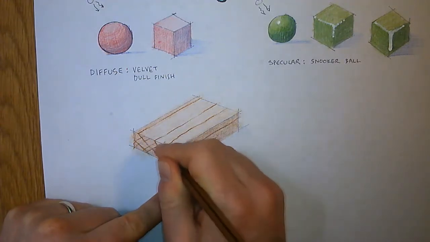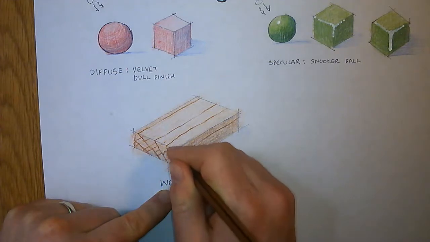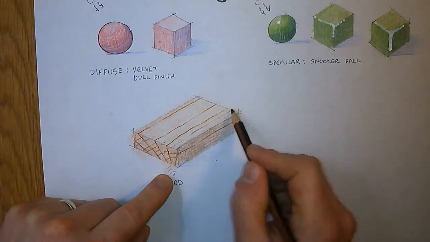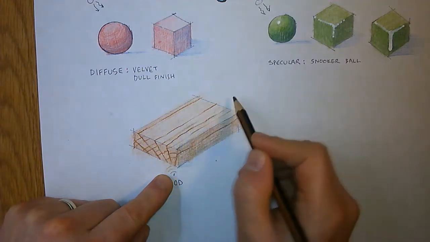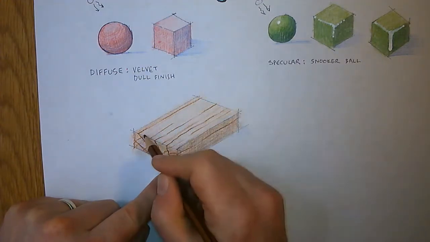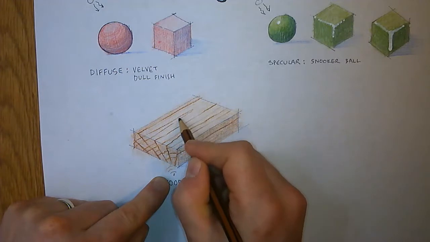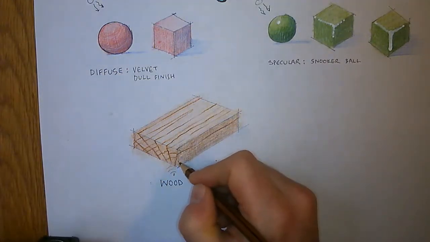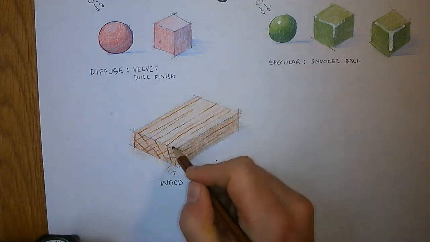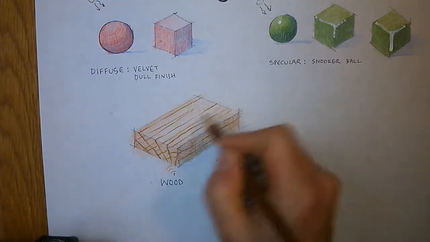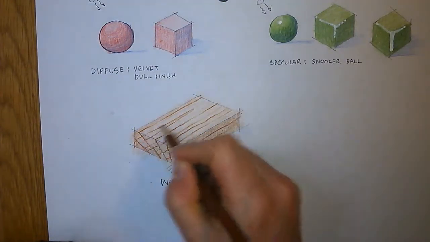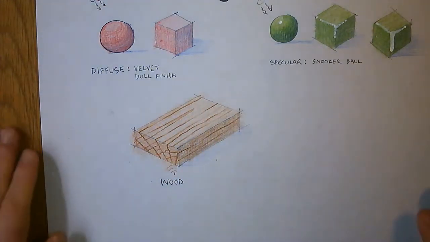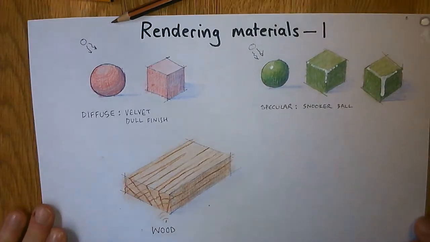And again, anytime any of these lines touch the top, we're going to take those lines back, like this. Sometimes you can make two lines come down, touch one another, and go back like that. Again, over here, put something. And that is really basic wood.